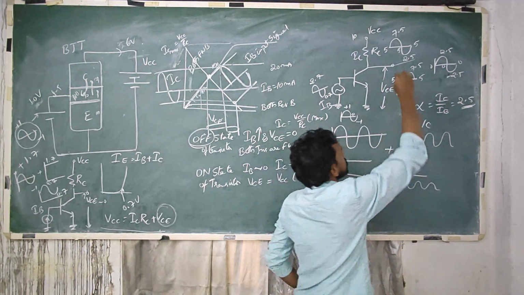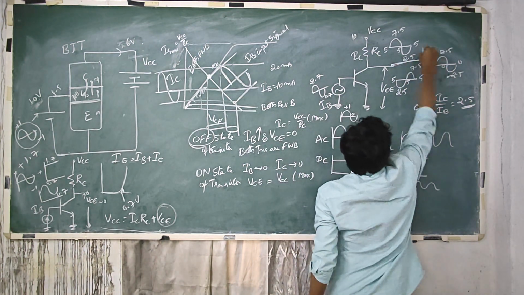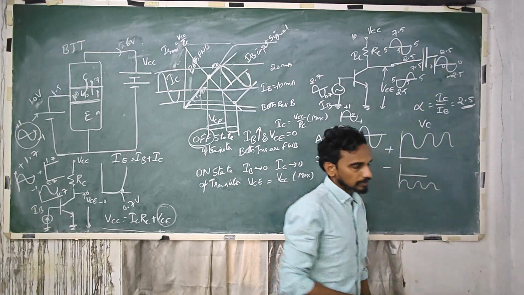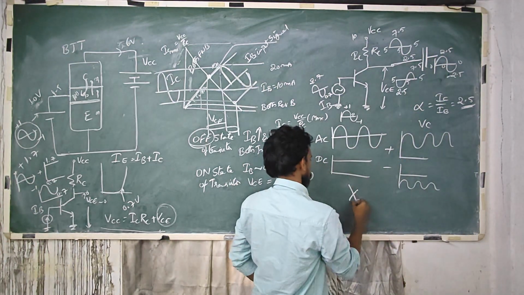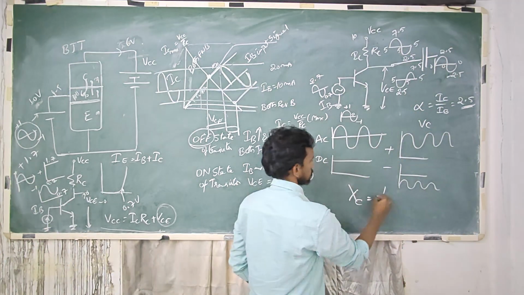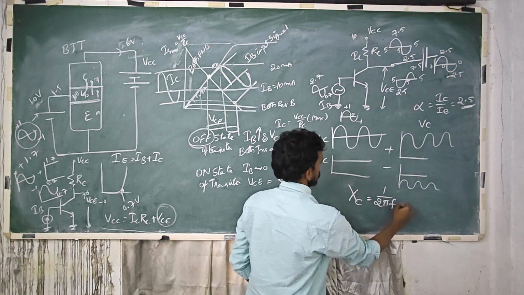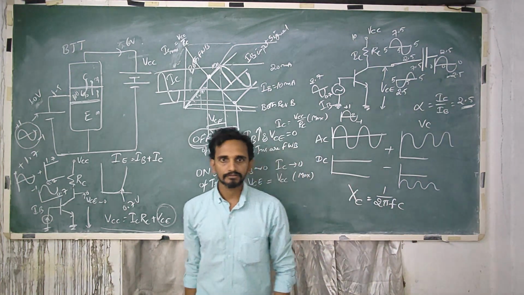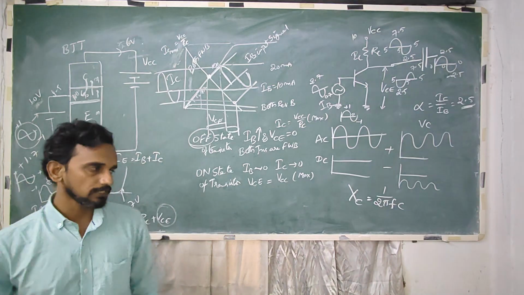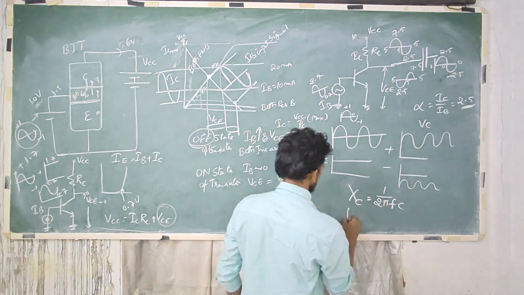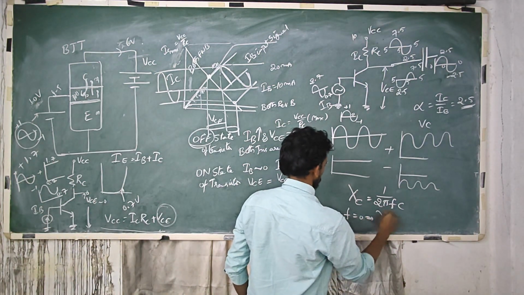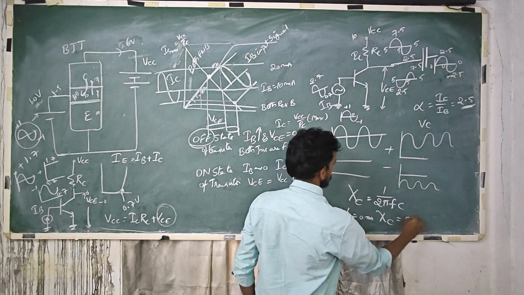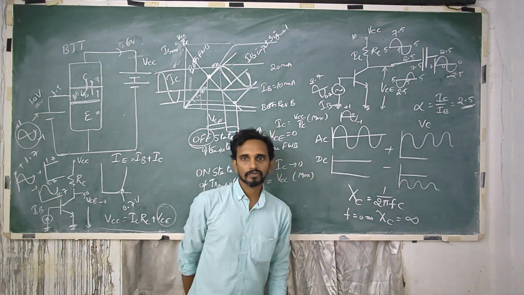Okay, so for that purpose, to remove the DC component, we use a capacitor here. The capacitor equation: the opposition offered by capacitor is 1 by 2 pi Fc. When frequency of the signal is 0, opposition offered by capacitor is infinity.